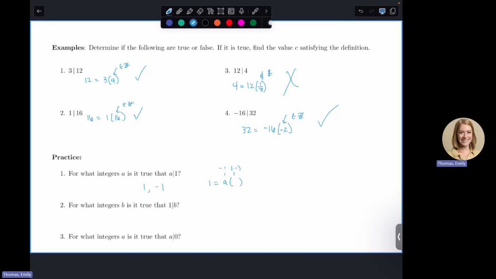For what integers is it true that 1 divides b? All integers b except for 0.